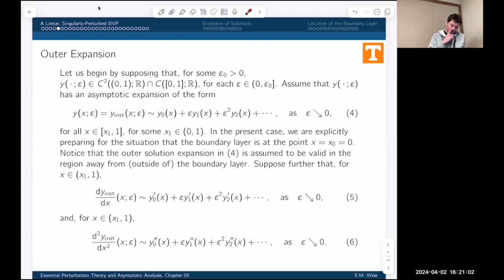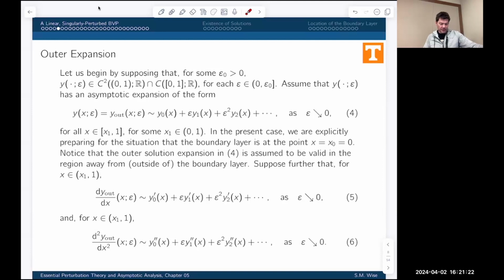All right, so we know that the boundary layer is at the point x equals x naught. That's something that we know because we know the true solution. In general, we're not going to know the true solution, so we're going to have to find techniques for locating it.